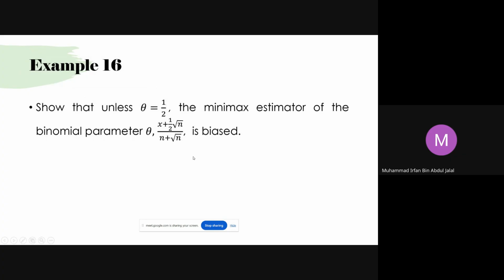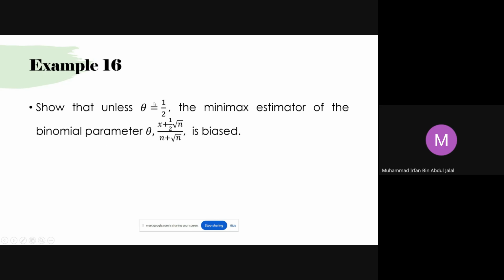Okay, so we move to example 16. In this case, the question is a bit different, where we need to show that unless theta equals 1 over 2, the minimax estimator of the binomial parameter theta, this quantity X plus half times the square root of n, divided by n plus the square root of n, is biased.